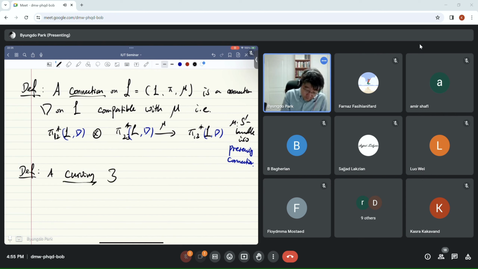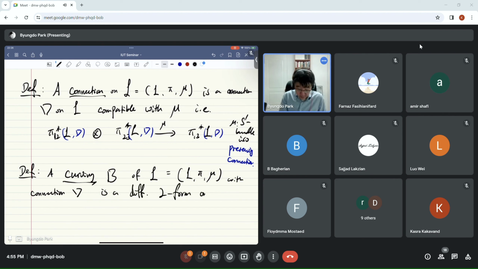So a curving B of L, this is (L, pi, mu) with connection nabla, is a differential two-form on Y such that the curvature of the connection, which is a two-form on this base manifold, the two-fold fiber product, satisfies the following.